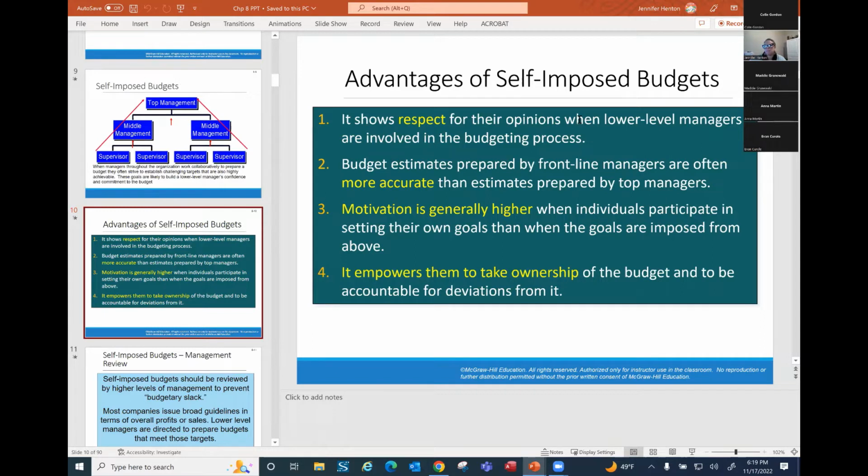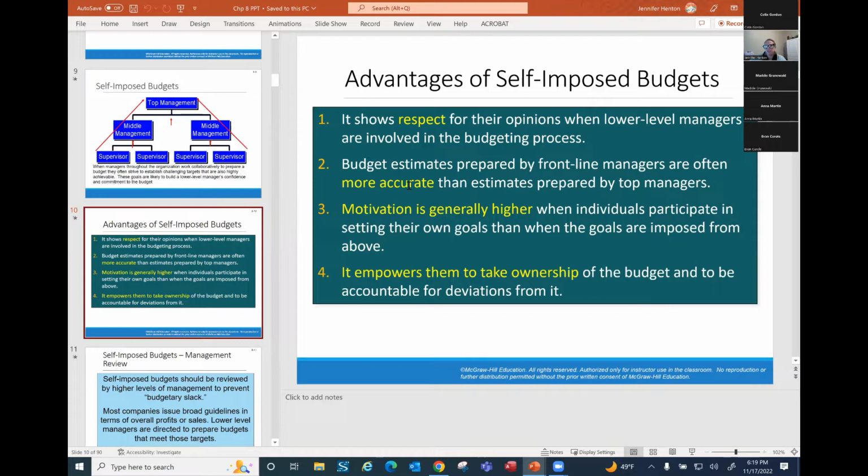So when upper management looks to them for direction or budget numbers, that shows respect for them. And budget estimates prepared by frontline managers are often more accurate because they're the ones out there working in that process, so they usually have a little more accurate input and probably more influence on what goes into that budget.